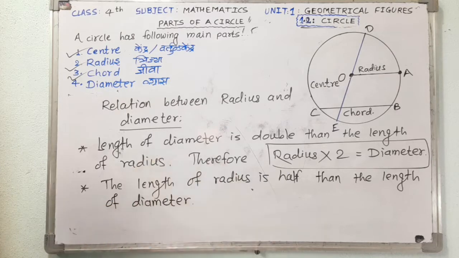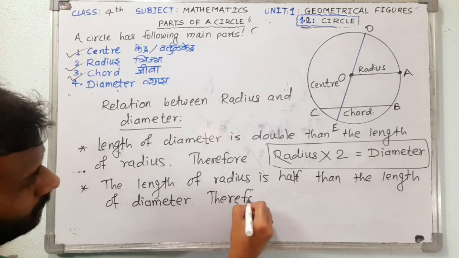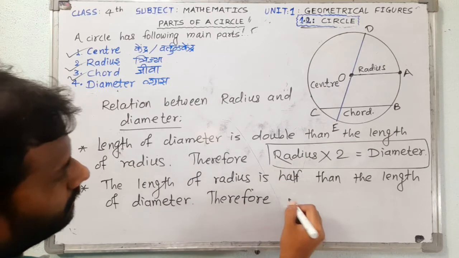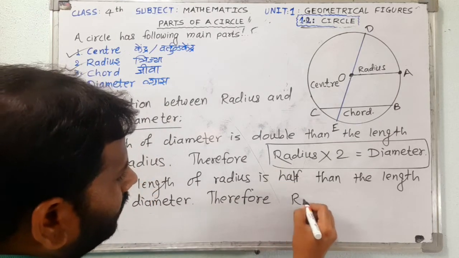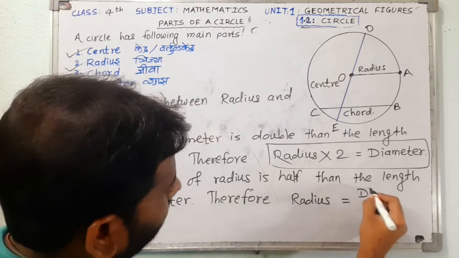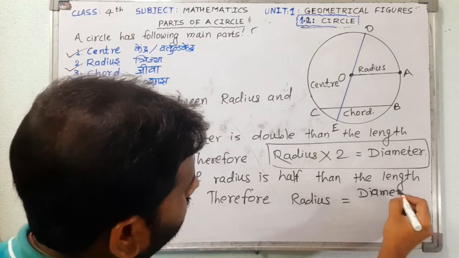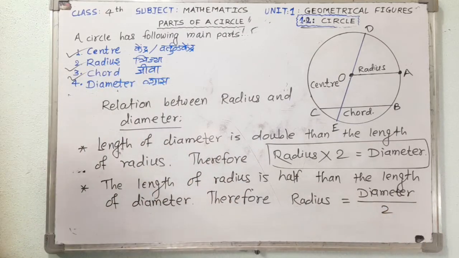Okay, so this is the relation. Therefore radius is equal to diameter divided by 2. Half means divided by 2.